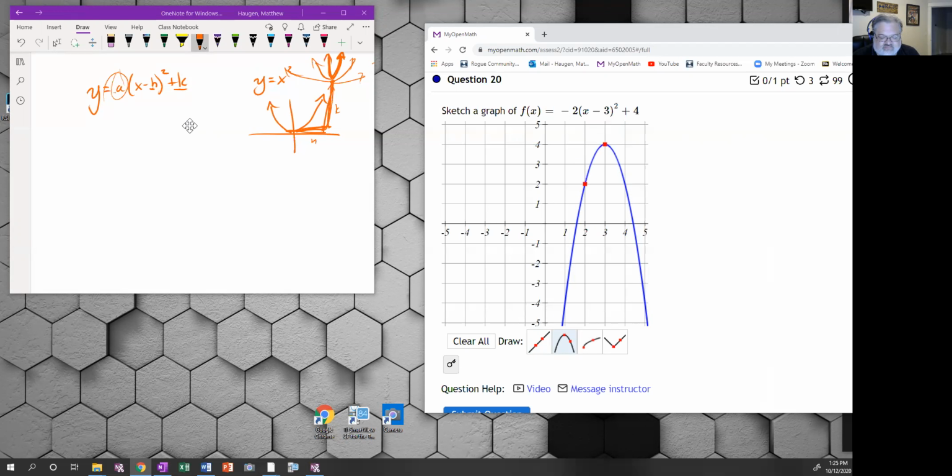So that's the graph. Normally a parabola goes to 1-1. So instead of going over one up one, it's going twice as much. So over one, down two because it's negative. And that's a picture of our graph.